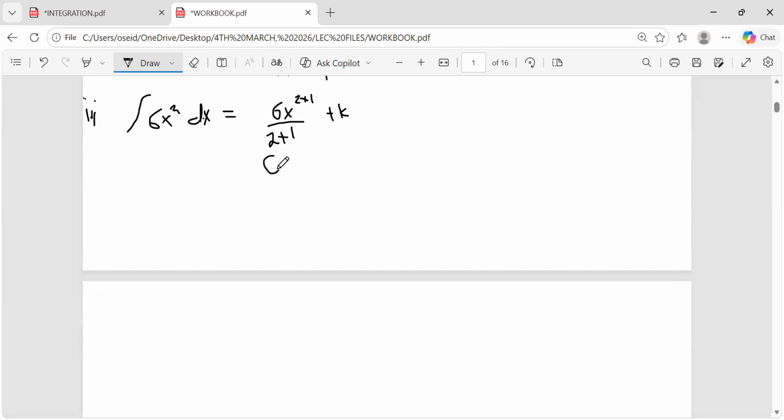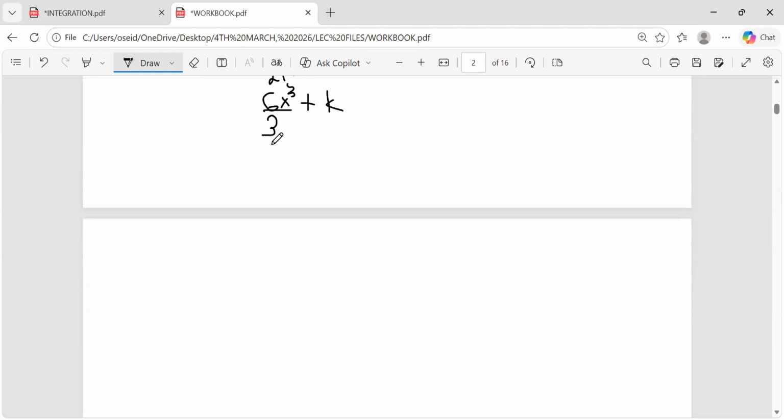So this will give us 6x exponent 3 all over 3 plus k. So you get 2x cubed plus k as our final answer.